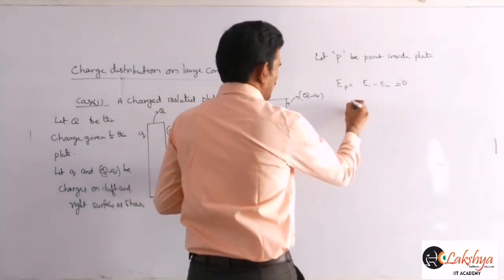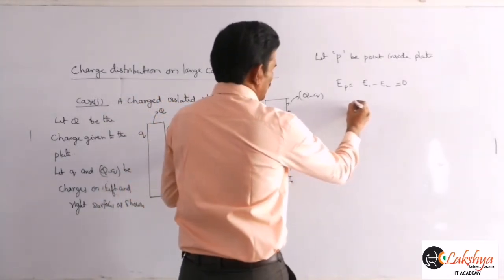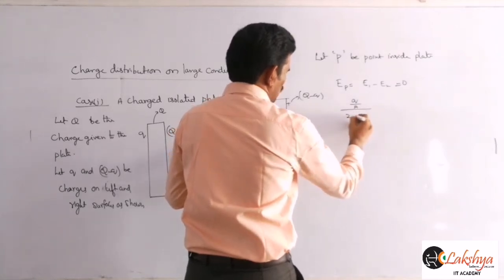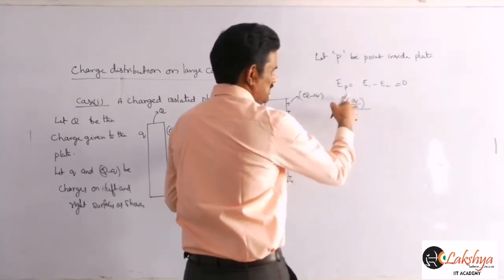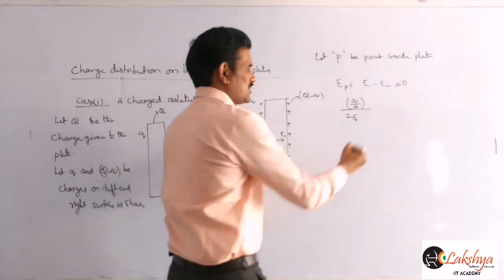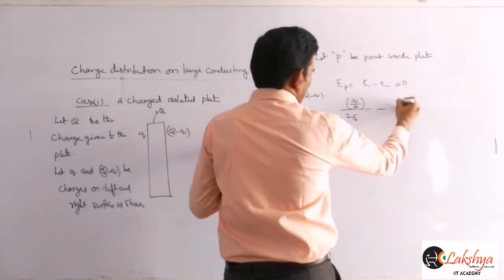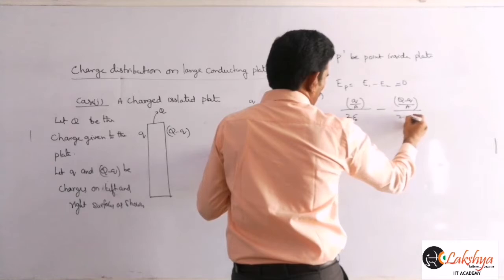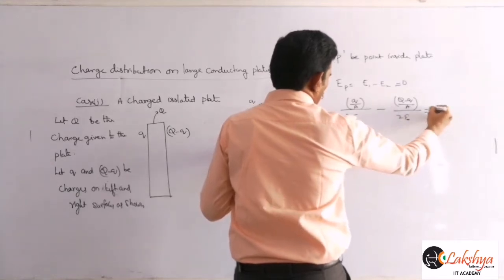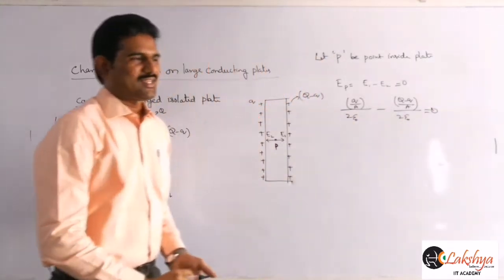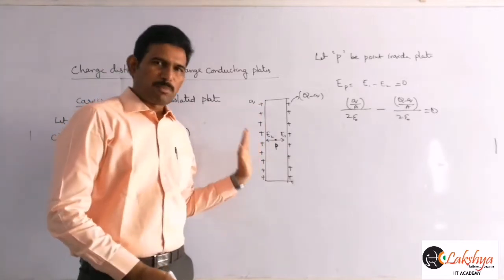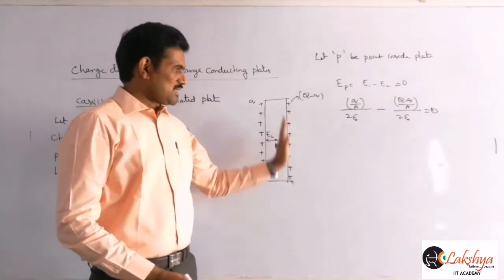Now I can write E1 as q by A by 2 epsilon naught, that is sigma by 2 epsilon naught, minus capital Q minus q by A by 2 epsilon naught, and this value should be equal to 0. Got it? We write sigma by 2 epsilon naught because you can treat this as one infinite plane and this as another plane.